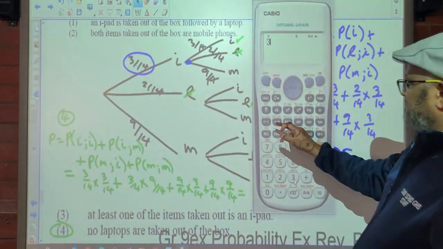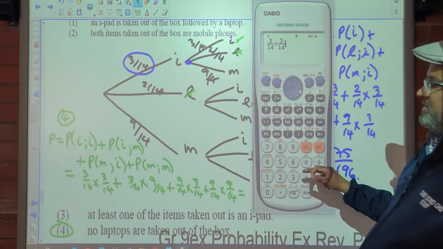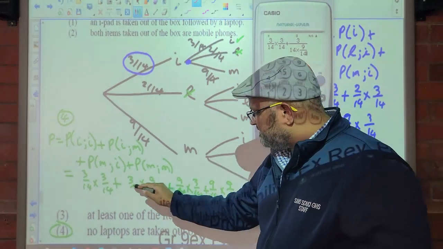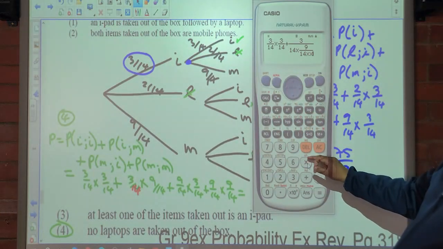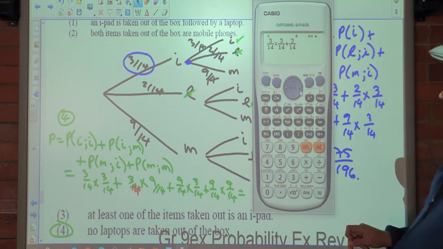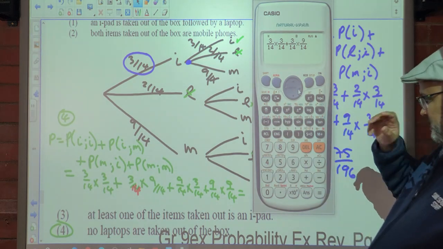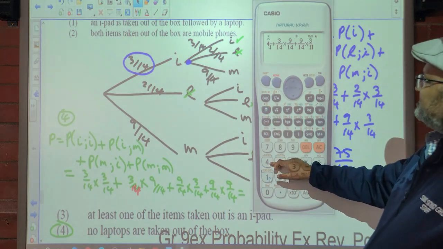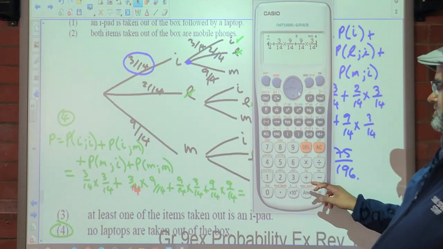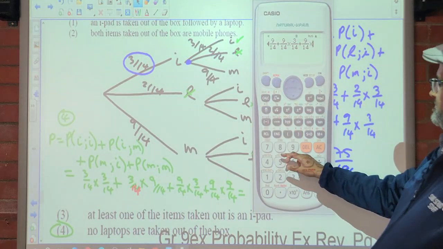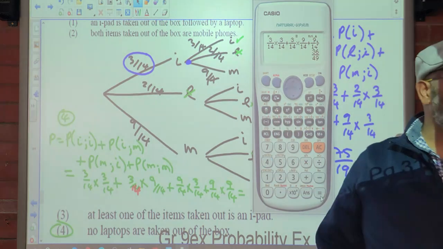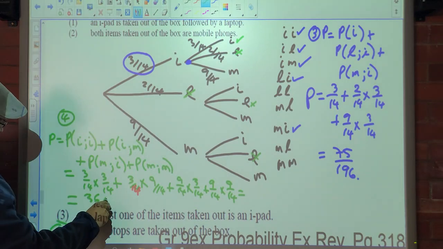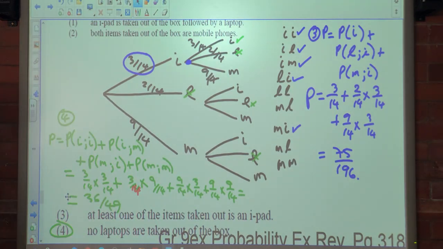That simply gives us 3 over 14 times 3 over 14 plus 3 over 14 times 9 over 14 plus 9 over 14 times 3 over 14 plus 9 over 14 times 9 over 14. That is 36 over 49. Okay.